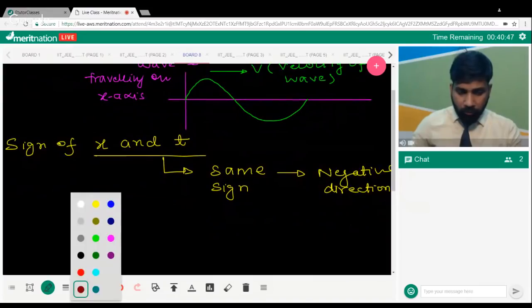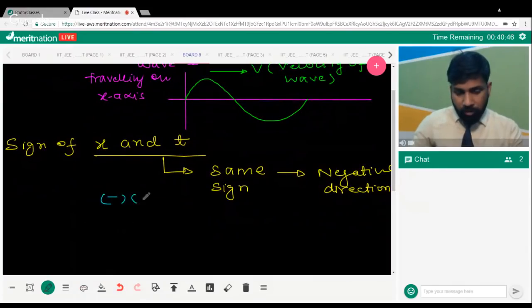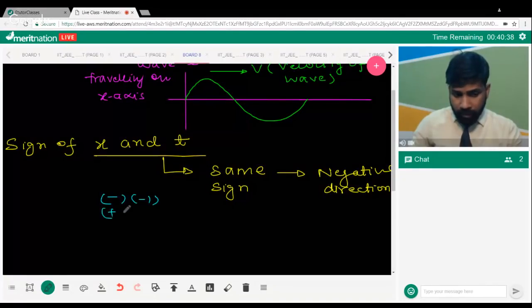Suppose the sign of x is negative and the sign of t is also negative, then the direction of motion of the wave will be towards the negative x-axis. If the sign of x is positive and t is also positive, again in that case the direction will be towards the negative x-axis.